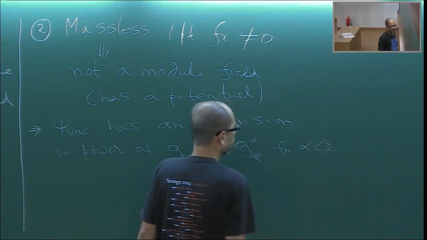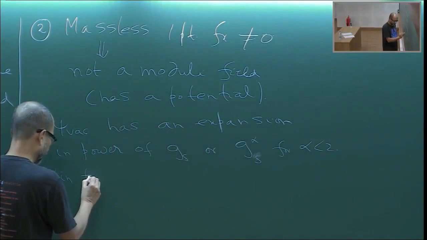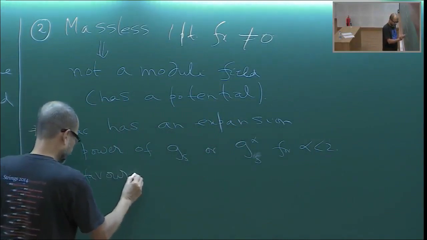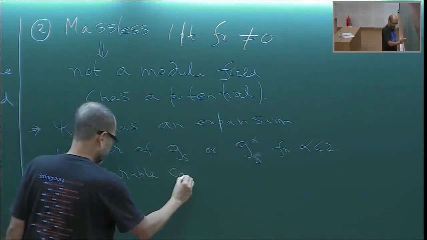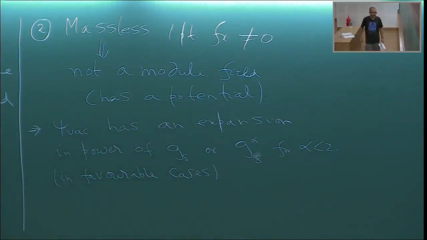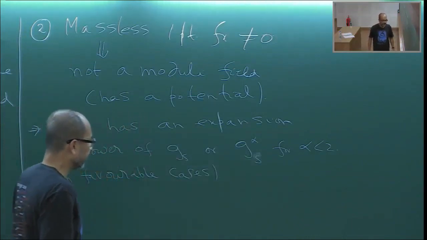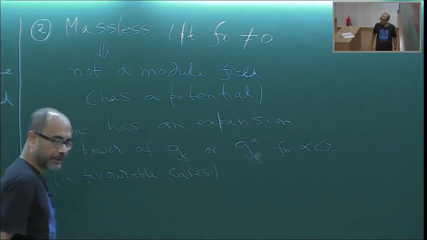So this is in favorable cases, and I'll explain what I mean by this. The point is that in this case the expansion is no longer in powers of gs square, which would be the standard perturbation theory, but the expansion will have a power of gs that is less than 2. And the simplest example is when the expansion is in powers of gs.